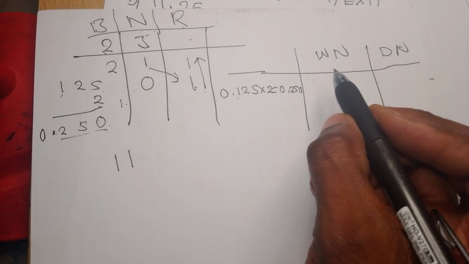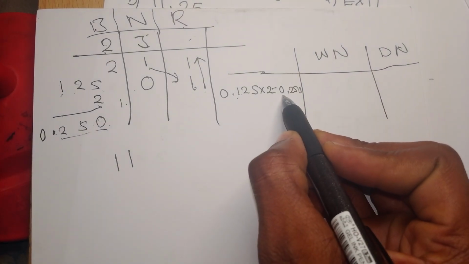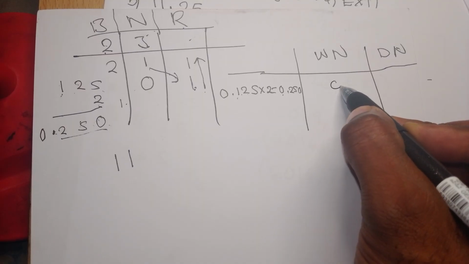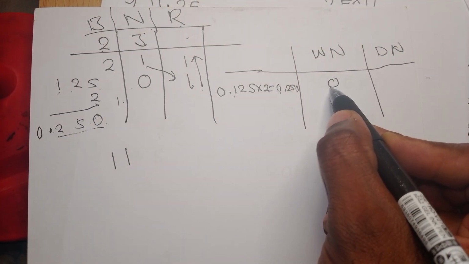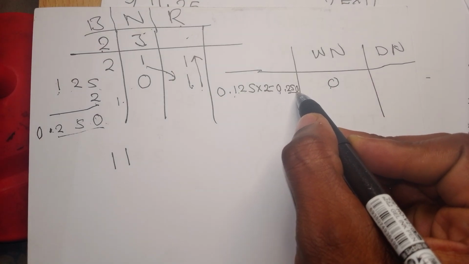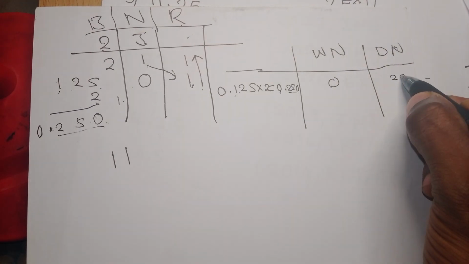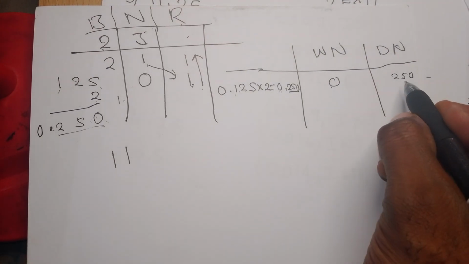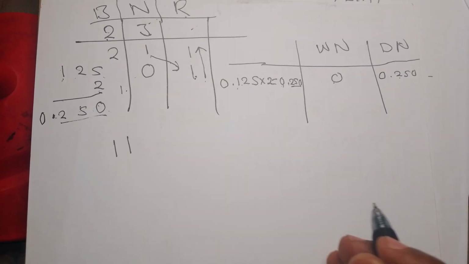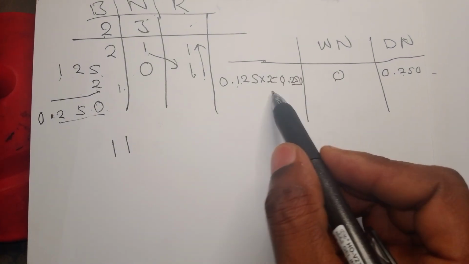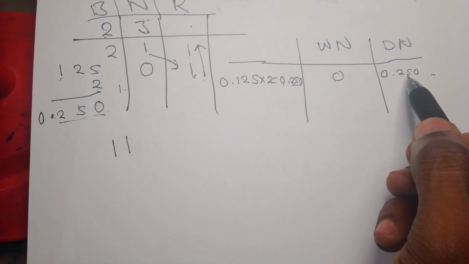And then you pick the whole number part, you put it there. So the whole number here is a 0, you write your 0. And then the decimal part is the 250. But of course, you write it as 0.250. And then you repeat the same thing using this part here.